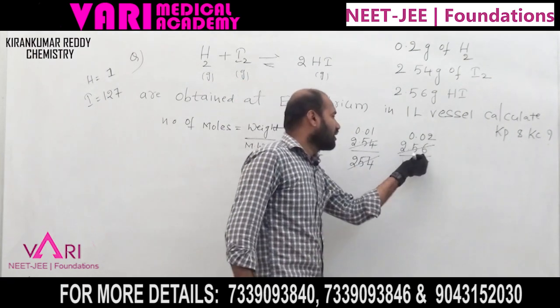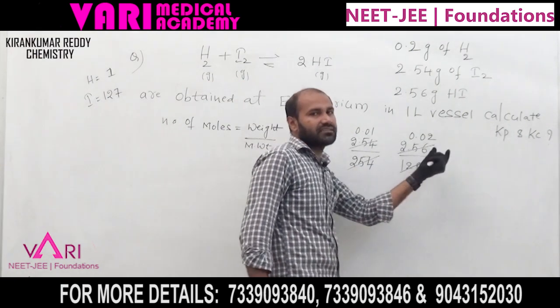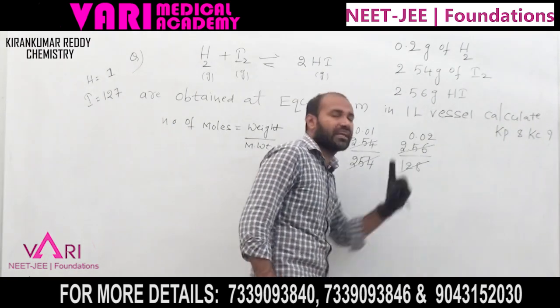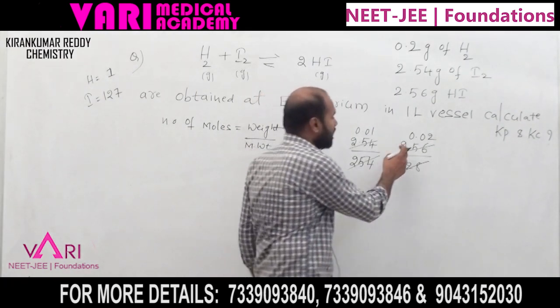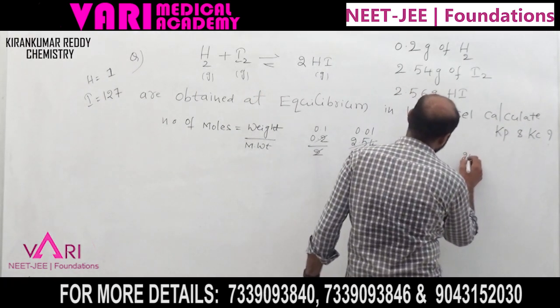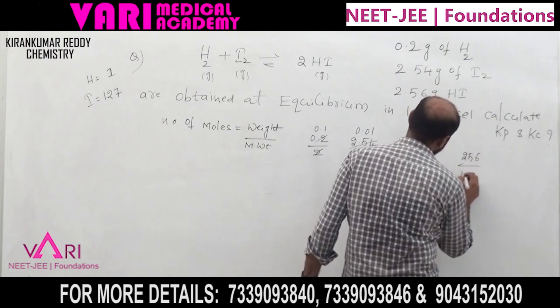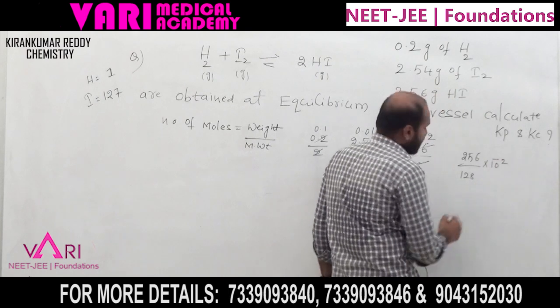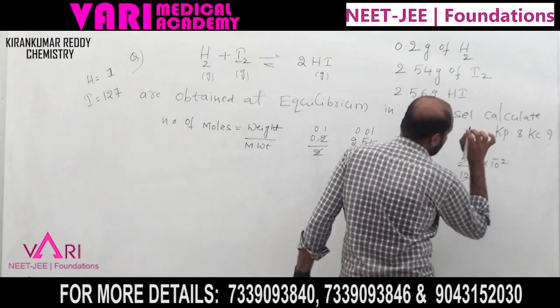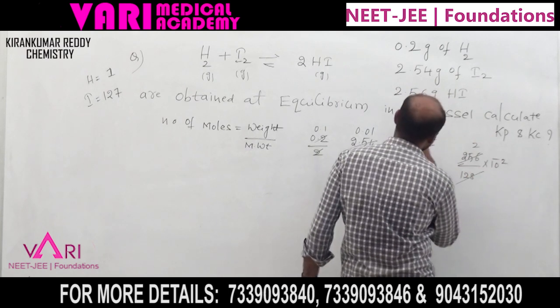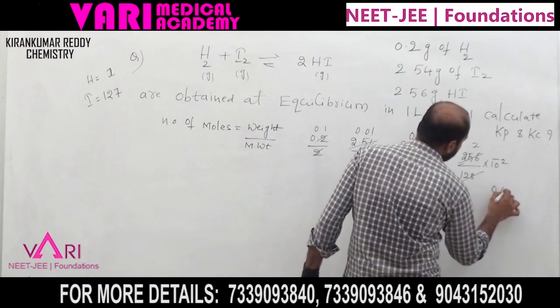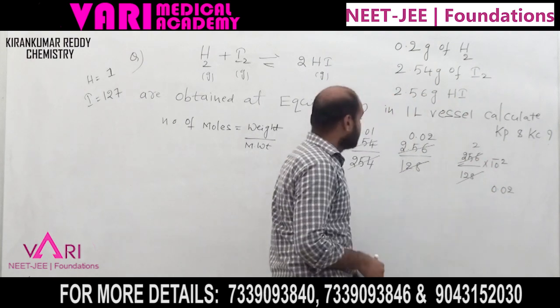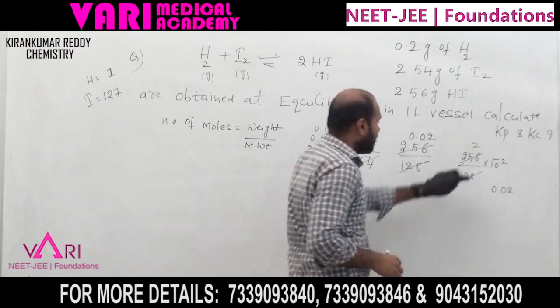Take just the 2 digit number, 10 to the power minus 2, and after that you can add. If you are confused, write down 256 by 128 into 10 to the power minus 2. How many zeros after the point? 0.02, that is what I have given.